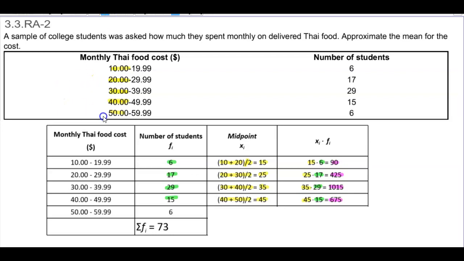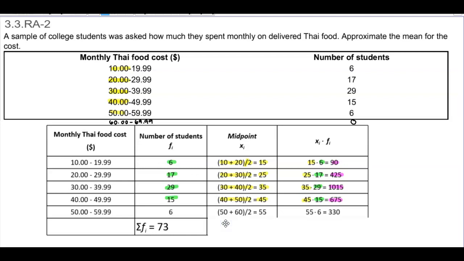Now, technically, if we went to the next class further down, we would end up with 60 to 69.99, and technically we have 0 listed because we don't have that. But that allows us to determine the next midpoint.